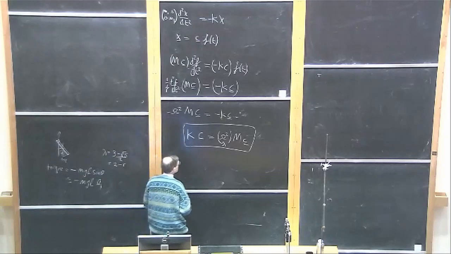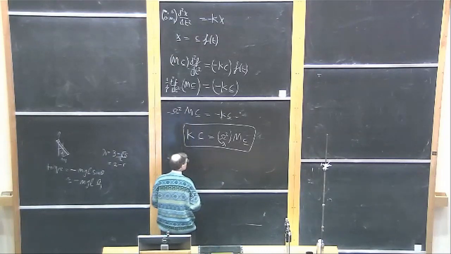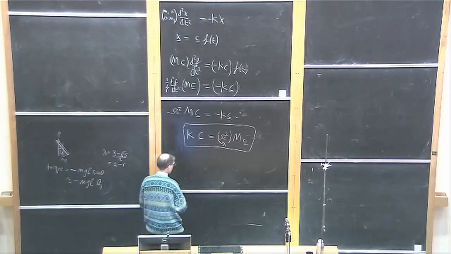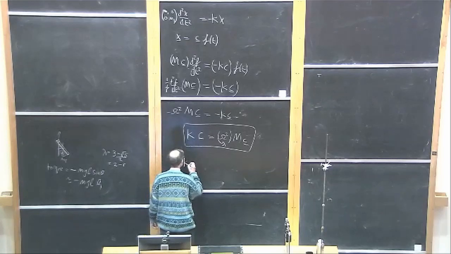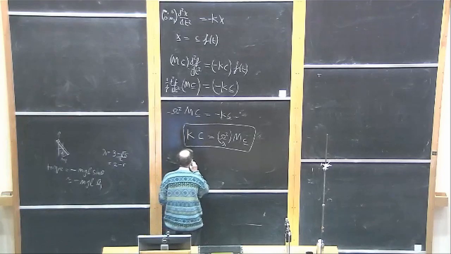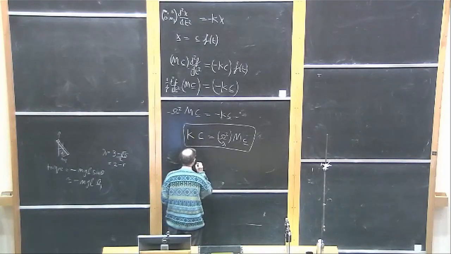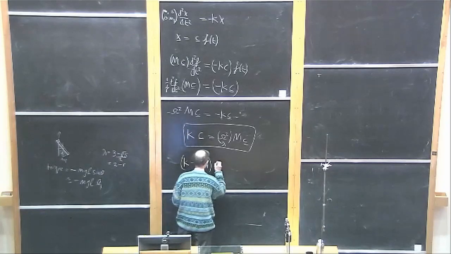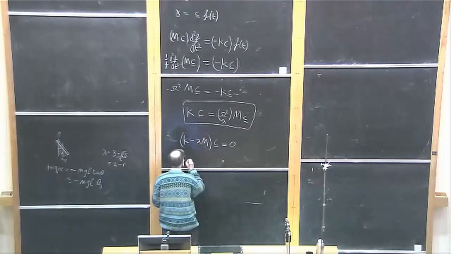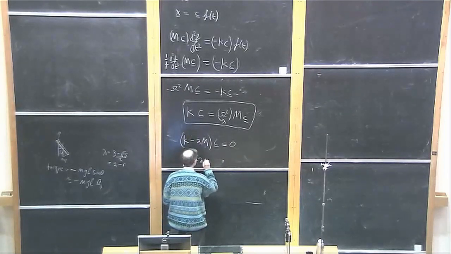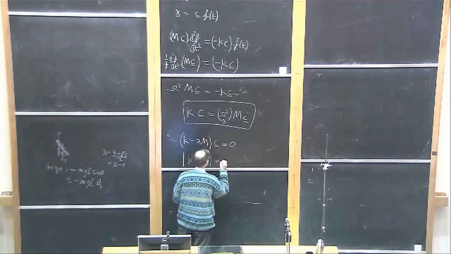First of all, how do we find the eigenvalues? Now we can take the two terms onto the same side: (K minus lambda M)C equals 0, and therefore det(K minus lambda M) equals 0.